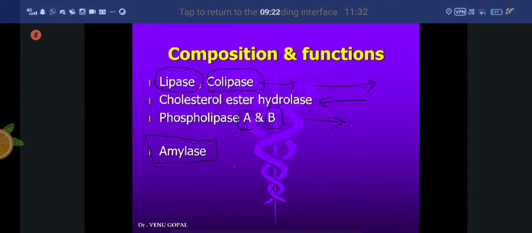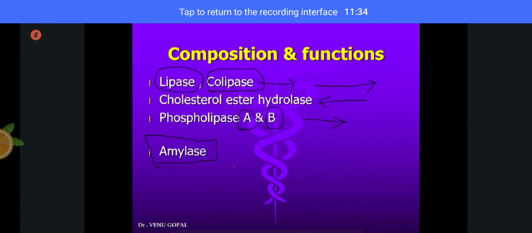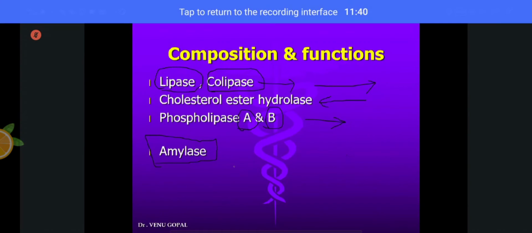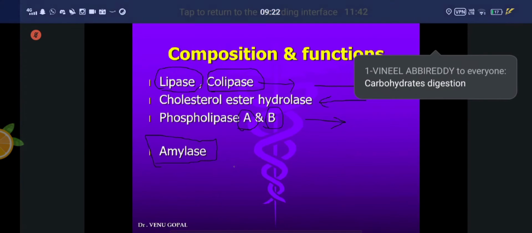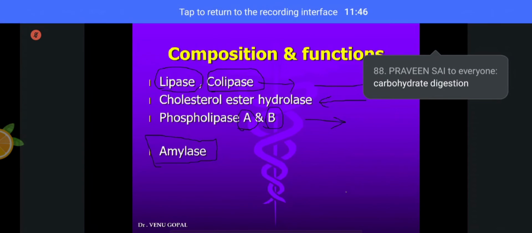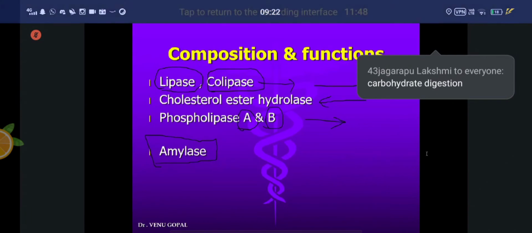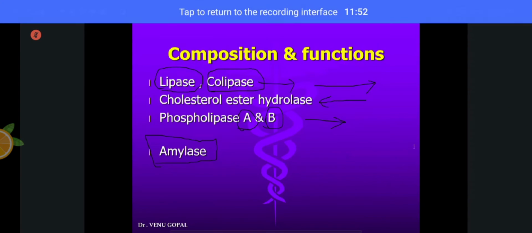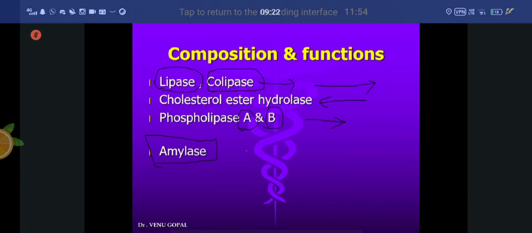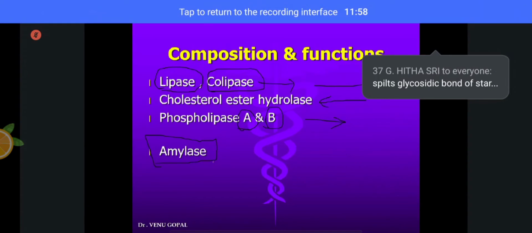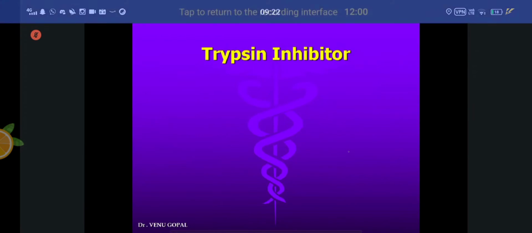So that when we are listing out something in the juice, you are also explaining the function at the same time or subsequently, so that you will get that component and functions mark. Carbohydrate digestion. So this carbohydrate digestion part is known as amylolytic enzymes. Proteolytic, lipolytic, amylolytic. Amylolytic means which will digest the carbohydrate, ultimately release that.